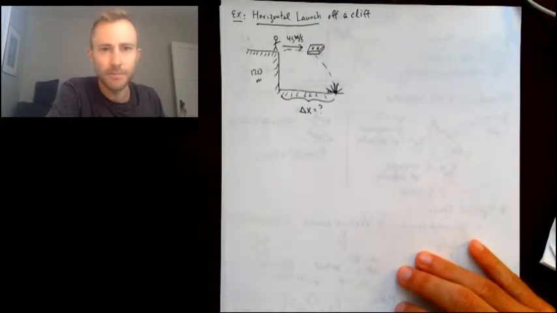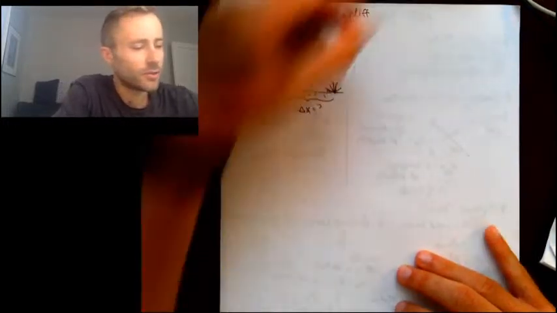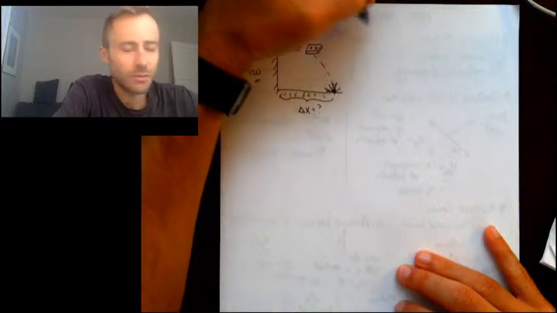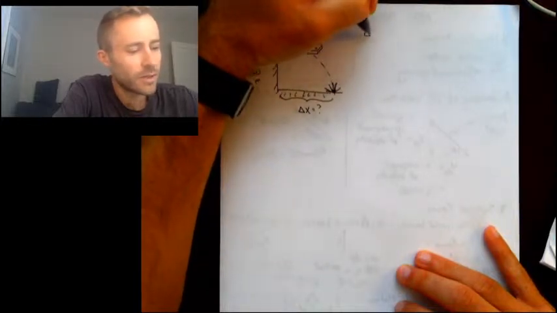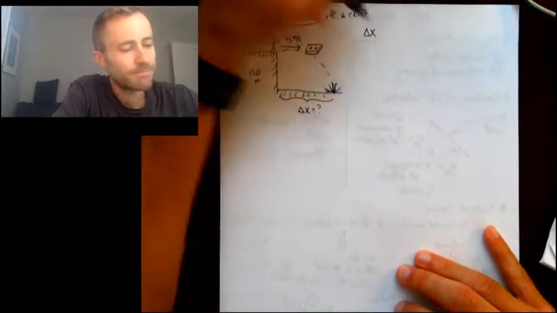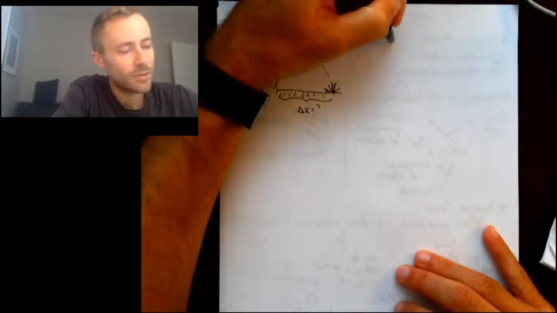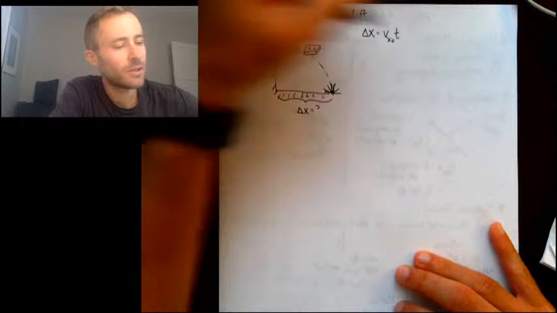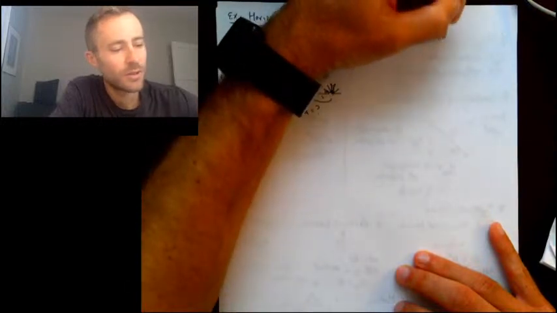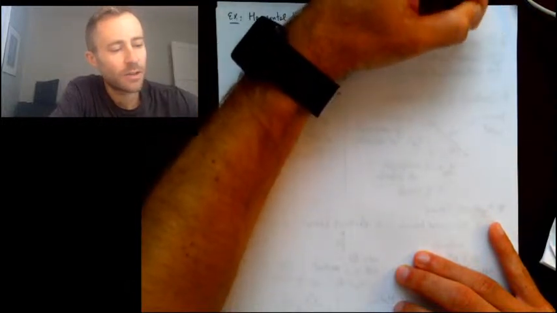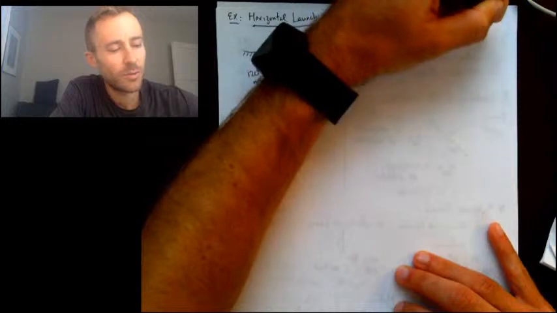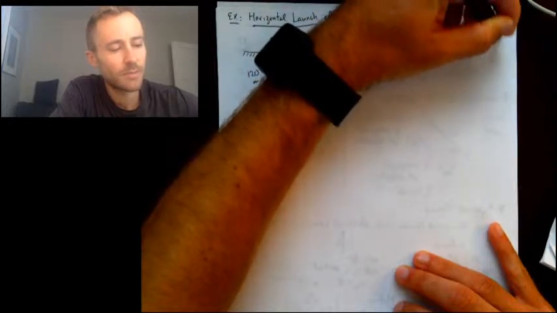So there you have it. So I'm going to start out with my two equations of projectile motion. I have a delta x equation, which is Vx naught times time. And then I have a delta y equation, which is Vy naught times time minus 1/2 gt squared.